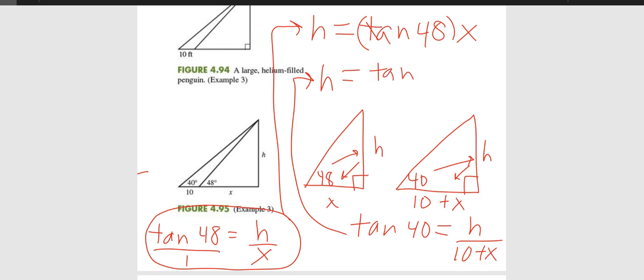Tan 40 times what? Starts with an S. What are you going to be doing? Substitution. Thank you very much. Right now, folks, you're going to be substituting to get these two equations equal to each other so that you can solve.